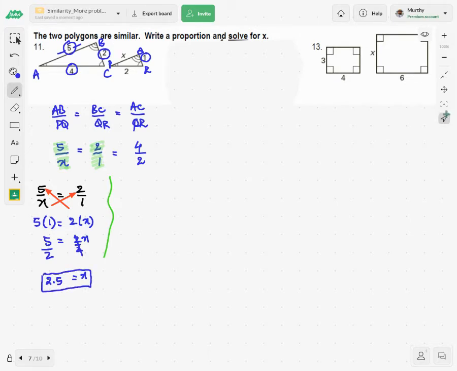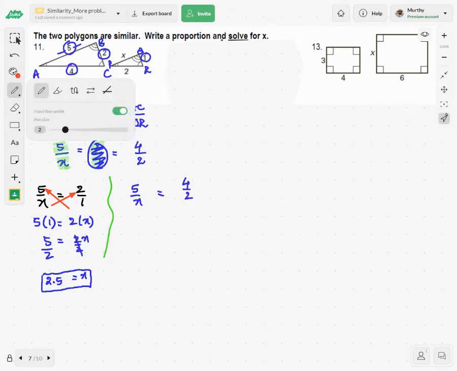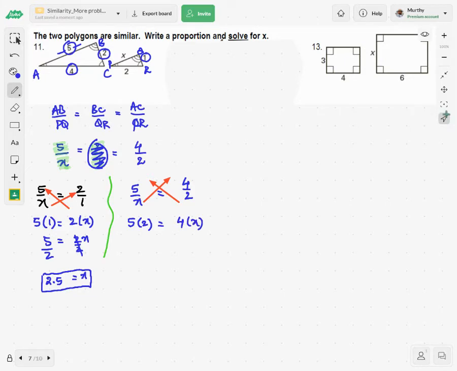If you have any questions, instead of 2 over 1, can I take the other fraction, which is 4 over 2? Absolutely yes. So if you take 5 over x equals 4 over 2, then what is the value of x? Here again I am taking the same rule, the cross multiplication method. So we multiply 5 times 2 equals x times 4, or 4 times x, it's one and the same. 5 2's are 10 equals 4x.